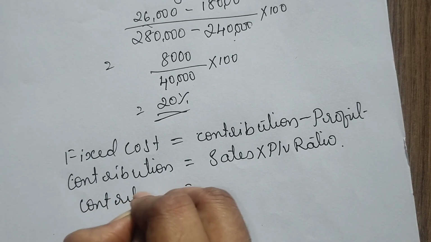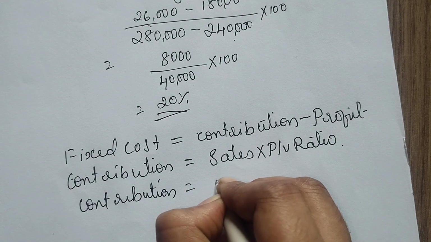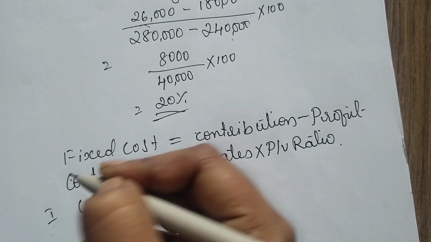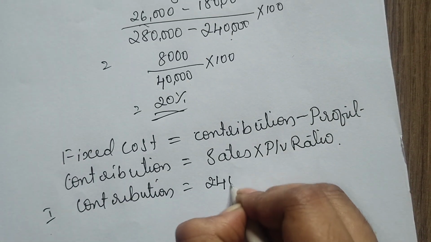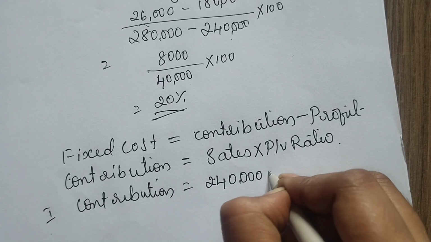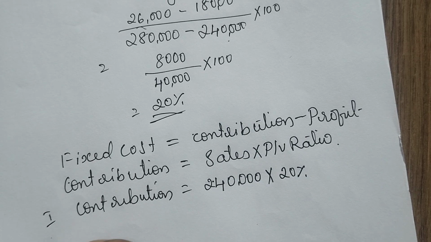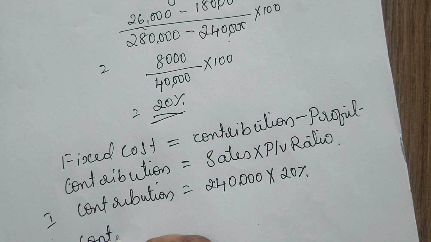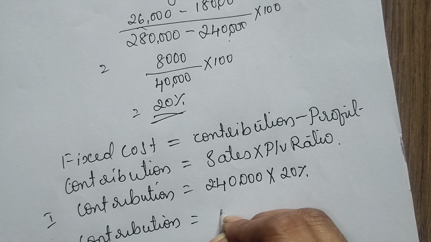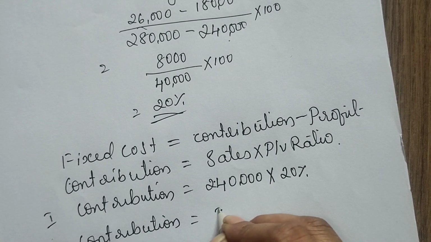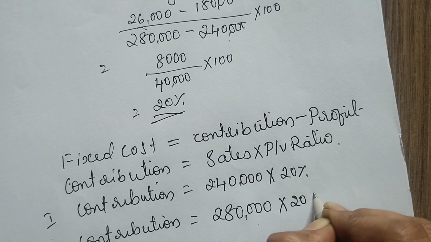What is the sales for the first year? First year sale is 2,40,000, into PV ratio of 20%. And second year contribution is equal to second year sale, 2,80,000 into 20%.